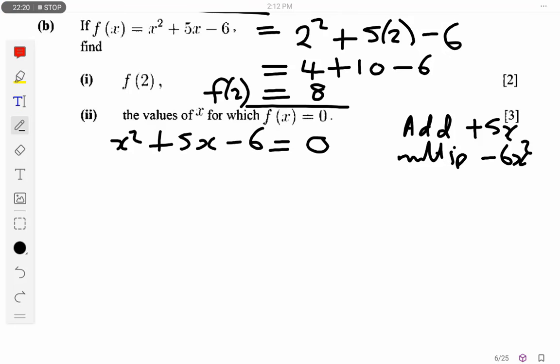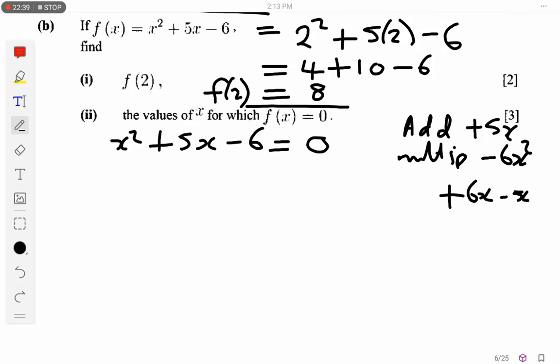You find these values: plus 6x and minus x. That will make sense, yes, because I have plus there. So I'll rewrite this 5x using these ones.